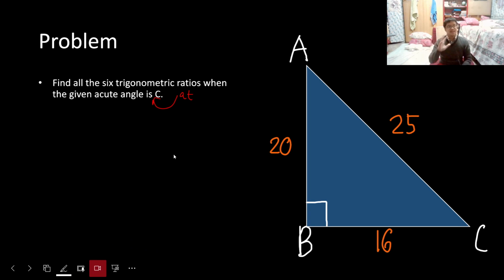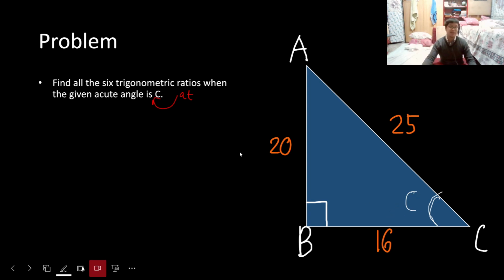So if the given acute angle is at C, meaning we are referring to the angle here at this part, we can represent the angle as capital C. It usually depends on your vertices or corners of the right triangle, which are all capitalized: A, B, C. So if we're going to find the angle at C, we can just use capital C instead of theta.